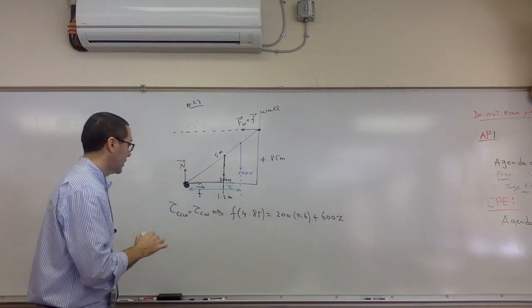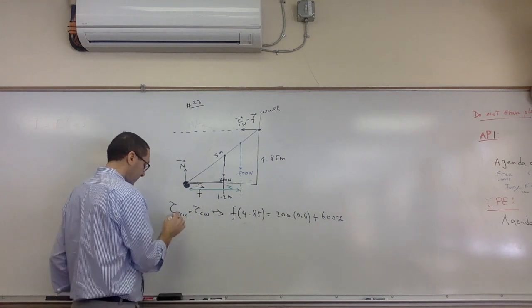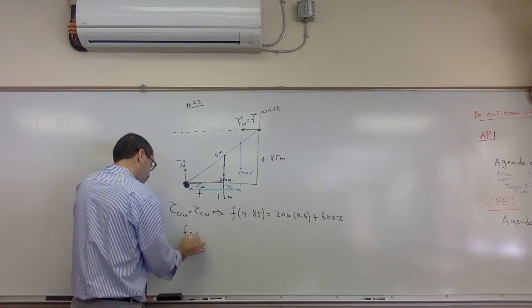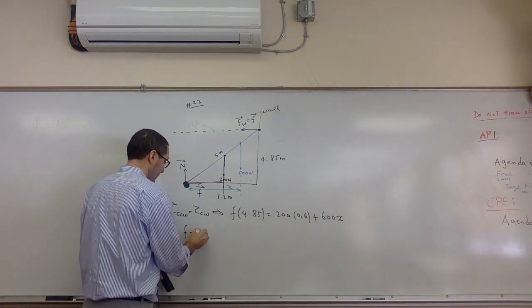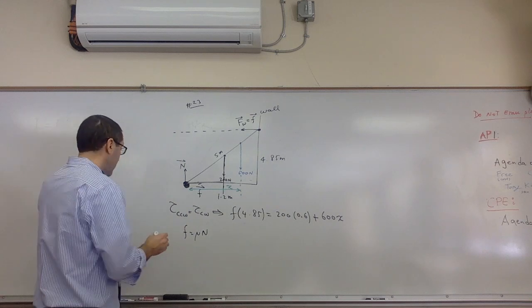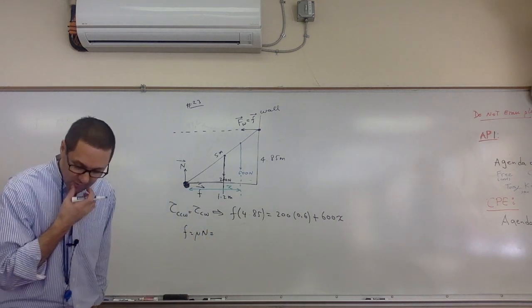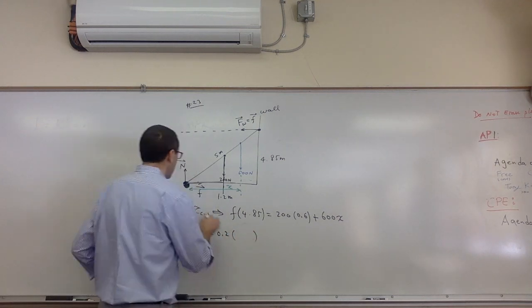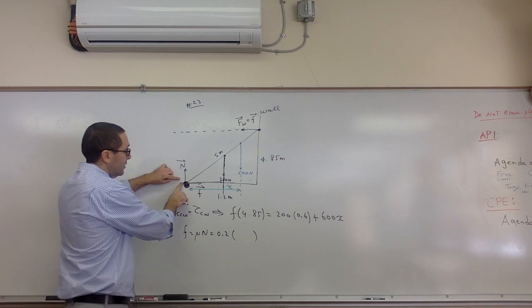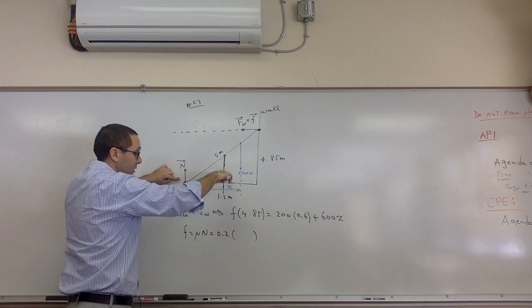Now I think we can do more here. I know that F friction is equal to mu Fn. Okay, so F is mu Fn, or basically I called it N here. And this is going to be the mu, I think, was given in the text, so that's 0.2. Now, the N, if you look at it here, N is the only force acting up, and you have the 200 and the 600 acting down.